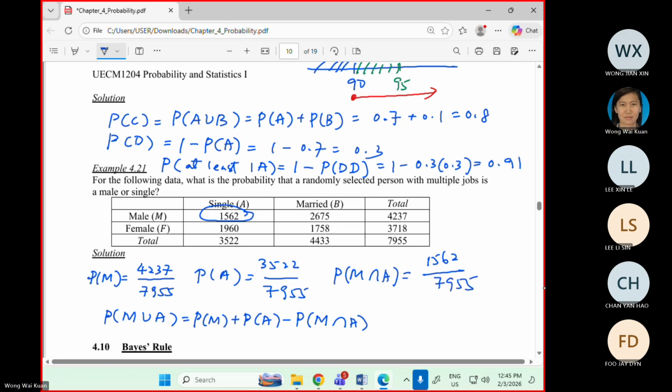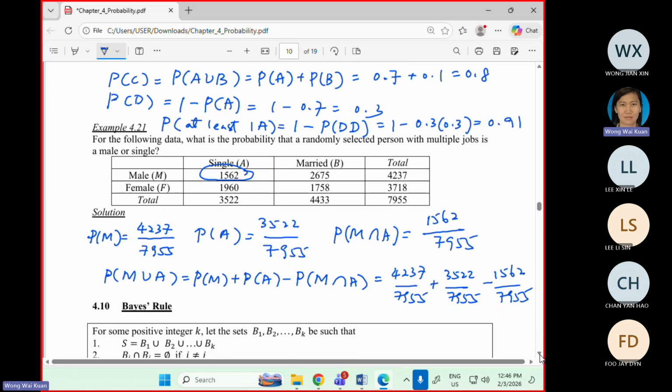So this becomes 4237 over 7955 plus 3522 over 7955 minus 1562 over 7955. When you count, we get 6197 over 7955.